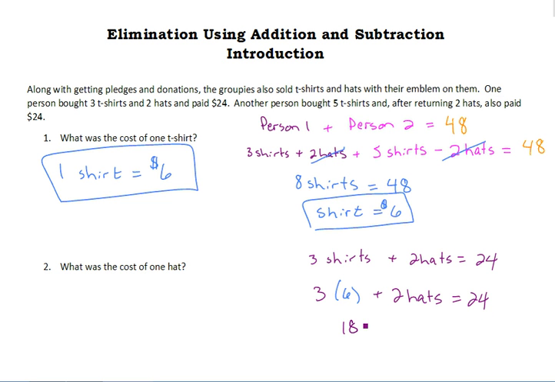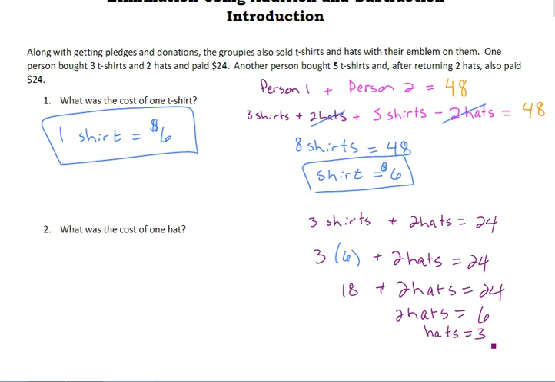So he spent 18 bucks on his shirts, which means that he has $6 left over for his hats. So one of those hats then equals $3. Okay, so 1 hat equals 3.